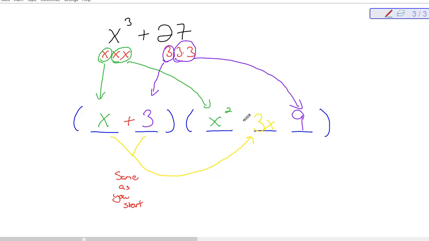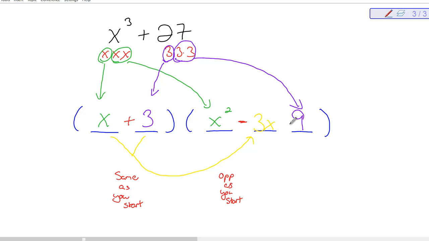Your next sign here is going to be the opposite of what you start with. So if you start with a positive here, you're going to put a negative here. If you start with a negative here, you're going to put a positive here. Key here is these two signs are going to be opposites. This one's always going to be what you start with.